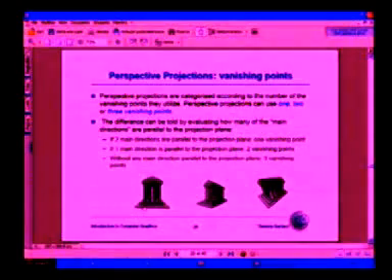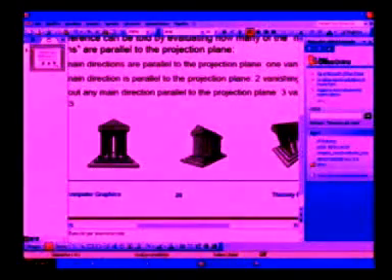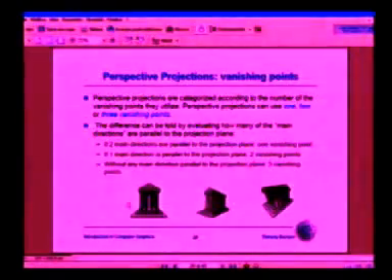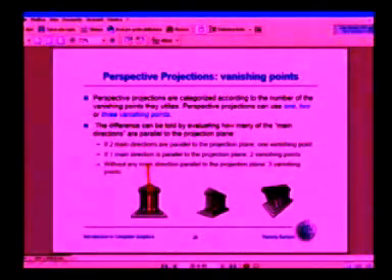That's one vanishing point. These ones are parallel.